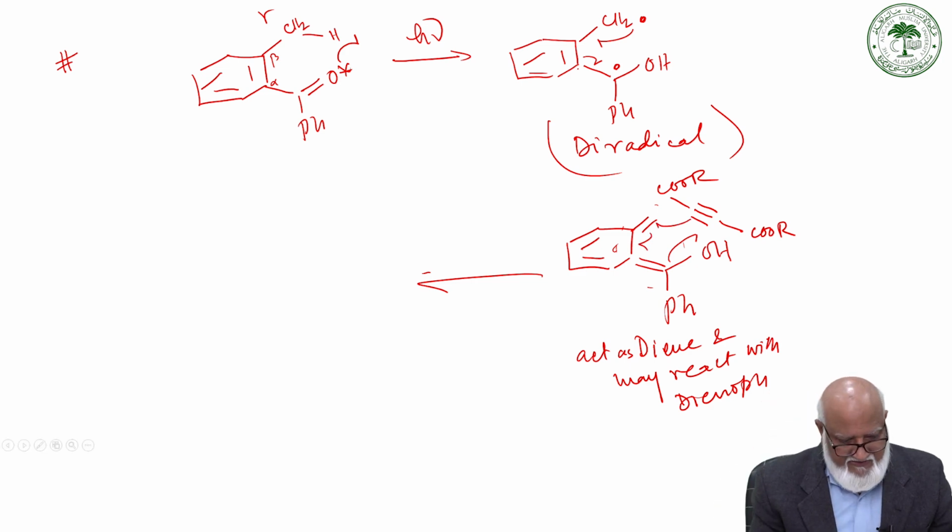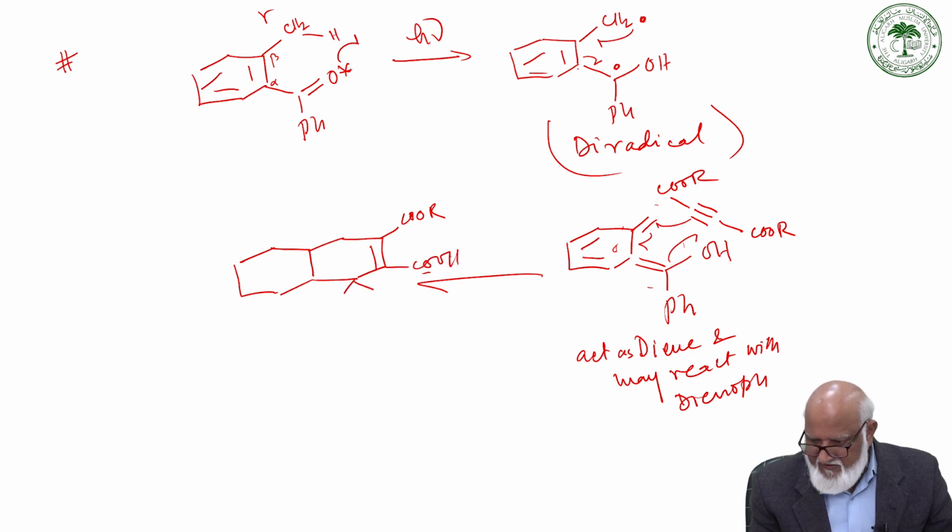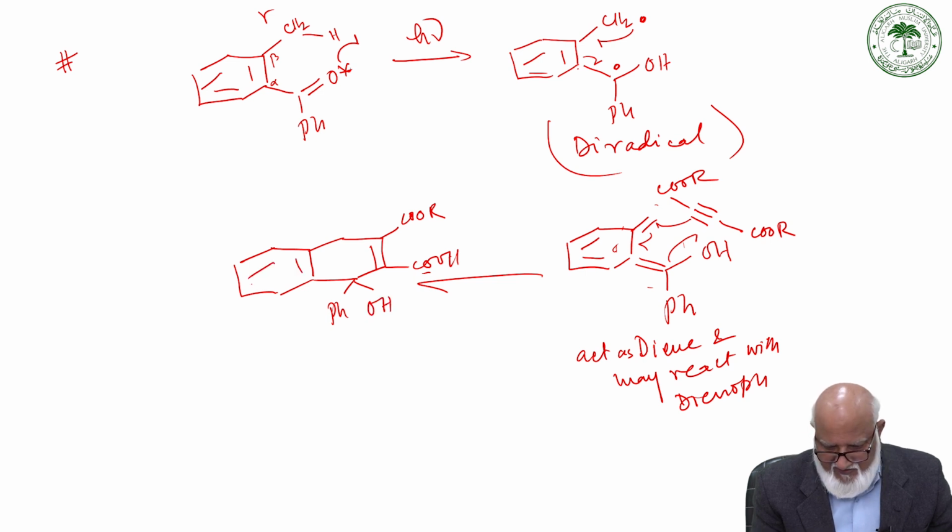So we can see that this is nicely set for the benzene ring. Now it is connected with a cyclic ring. It is really a great, very interesting, COOR, COOR, and then this is PhOH, and this of course gets aromatized.